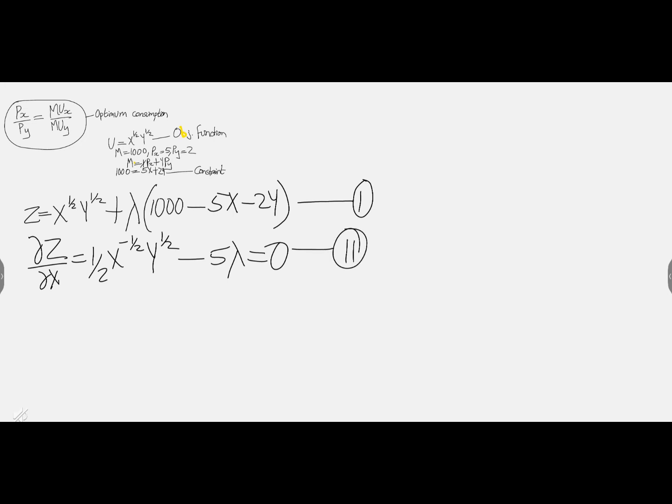Then change in z with respect to change in y. We have half x raised to power half y raised to power minus half minus 2 lambda equals to 0.